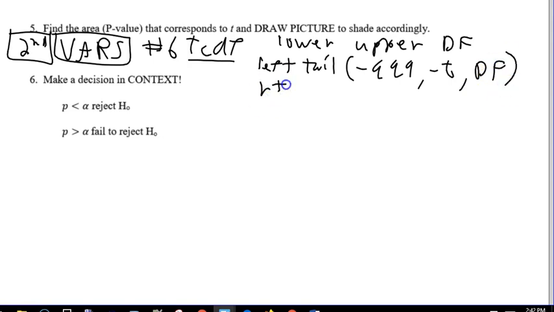If we have a right tail, which means it's positive, we put our positive t value in, then 999, and then our degrees of freedom.